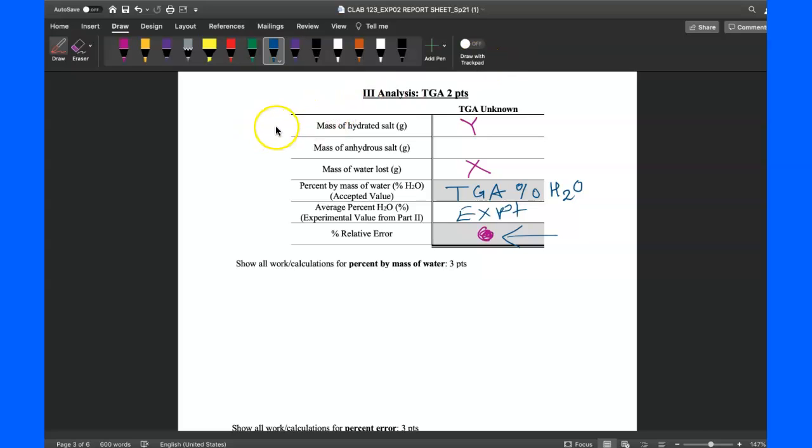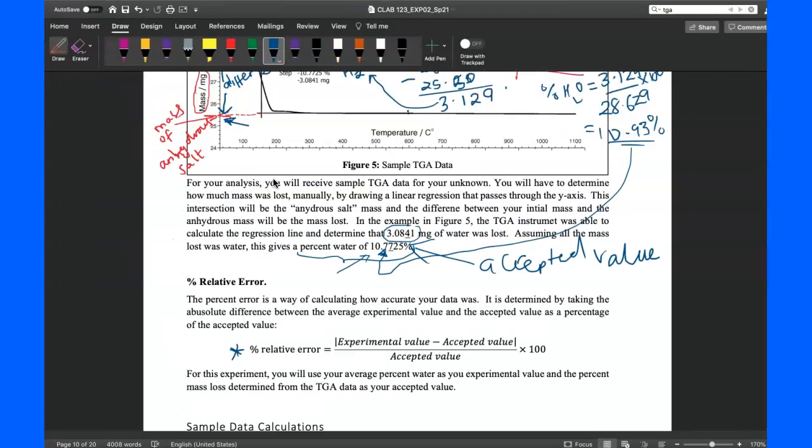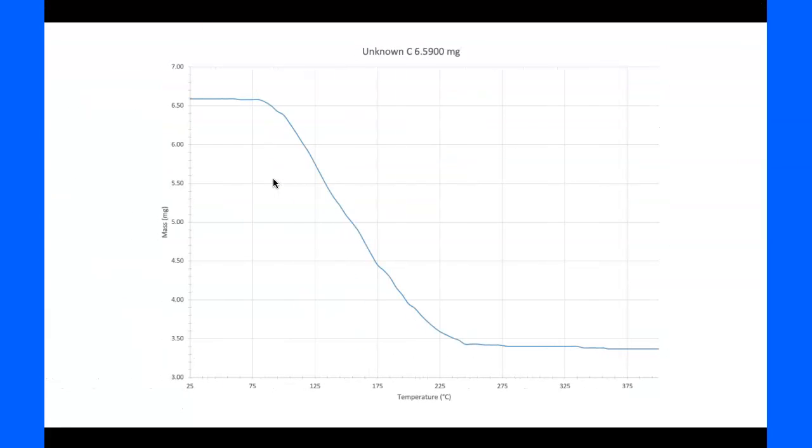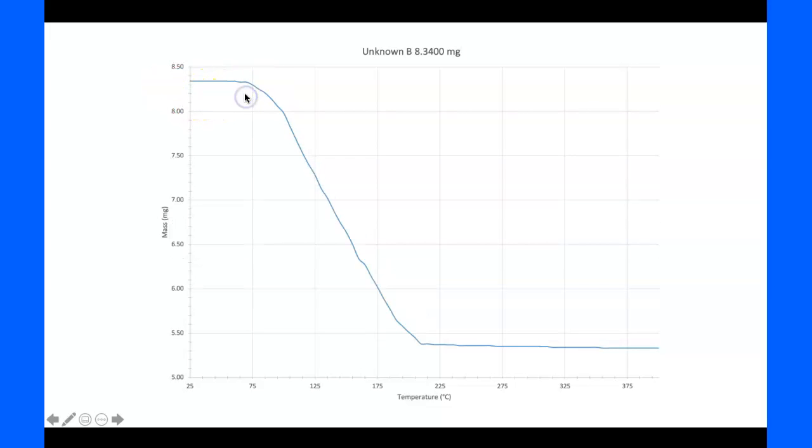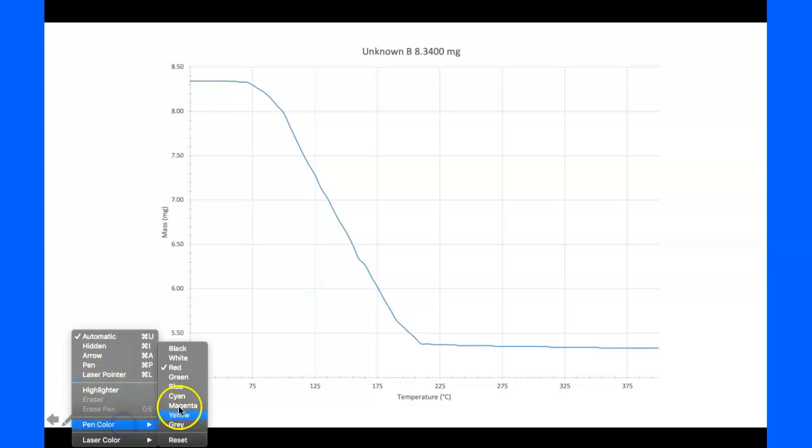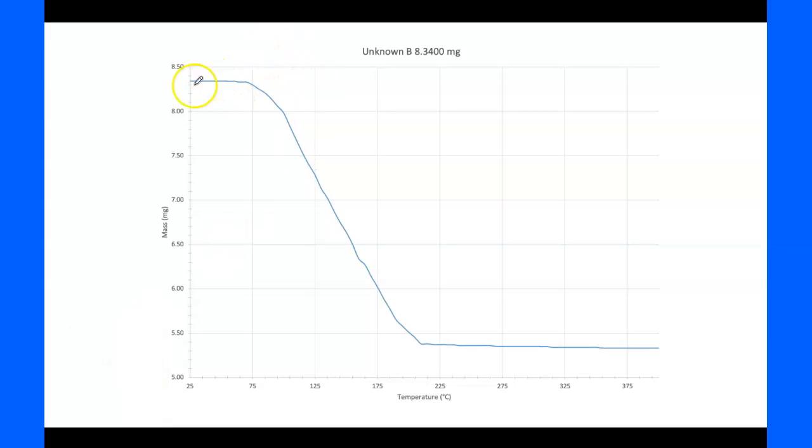Obviously, using your TGA graph, you can read the mass of the hydrate of the salt and the mass of the anhydrous, and then you subtract, you get the mass of water lost. That's what we did here, and that's what you'll need to do here. So to read these numbers, you'll have to do what we call extrapolation. Let me show you. Let's assume this is my TGA.